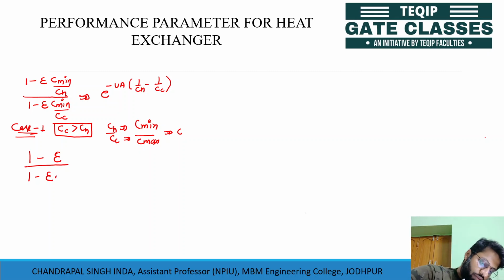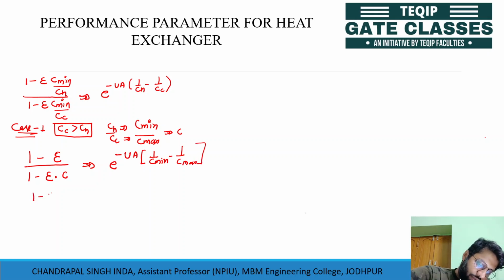So we will have 1 minus C, and here we will have e to the power minus UA (1 by C minimum minus 1 by C max).